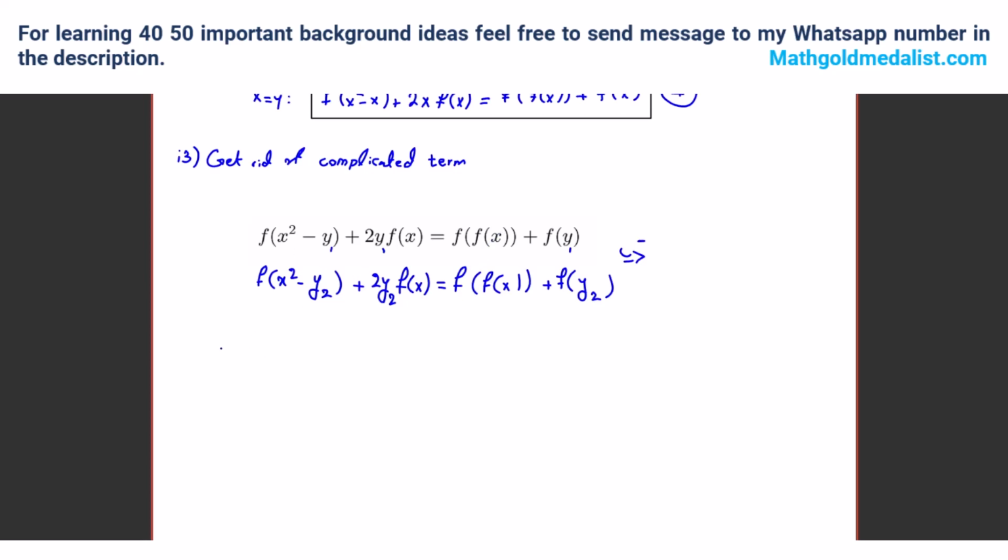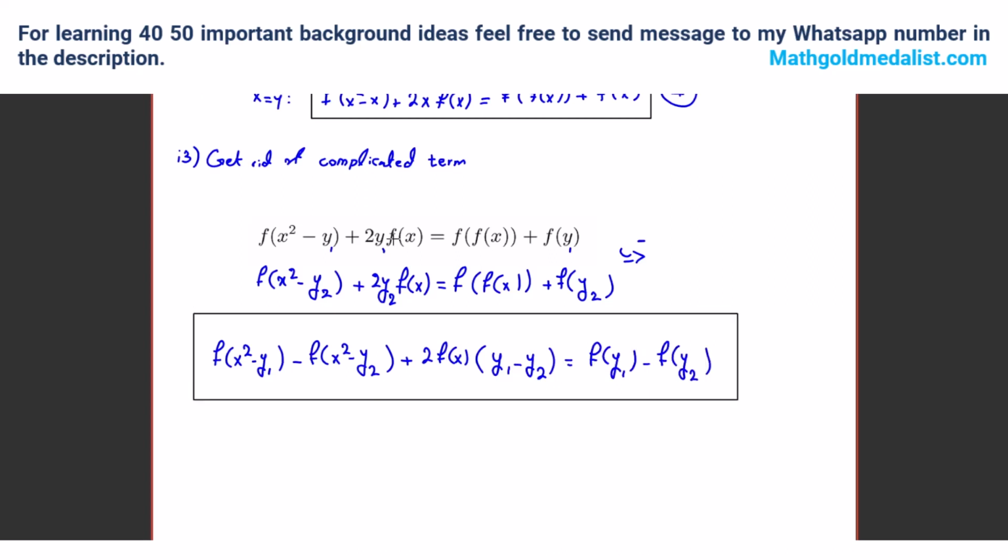The left hand side will be f of x squared minus y1 minus f of x squared minus y2 plus 2 f of x times y1 minus y2 is equal to f of y1 minus f of y2. Okay. Now let's put a box around this part. We can write it as the fifth result.